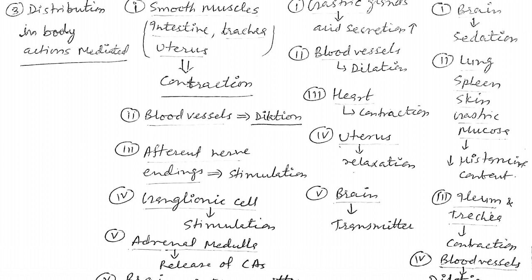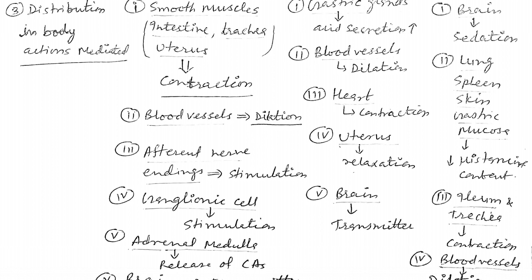So both are opposite actions. When histamine binds with the H1 receptors, the uterus will constrict, and when histamine binds with the H2 receptors, the uterus will dilate or relax.